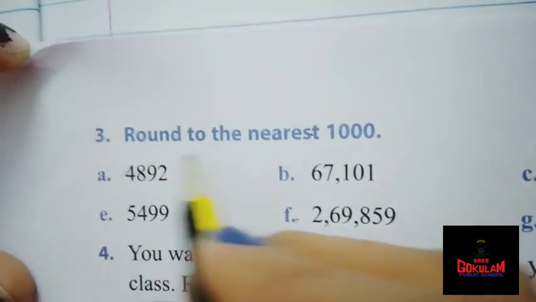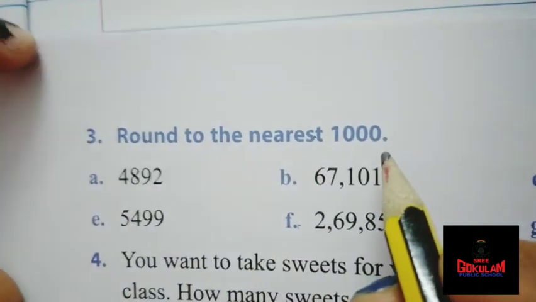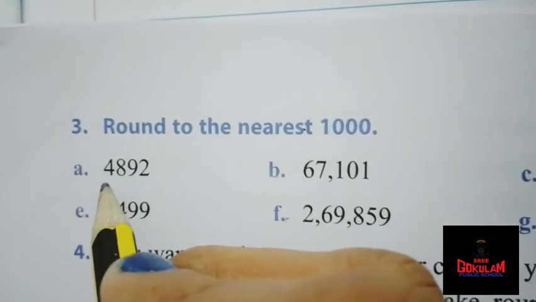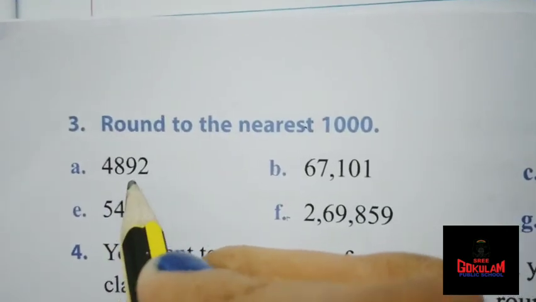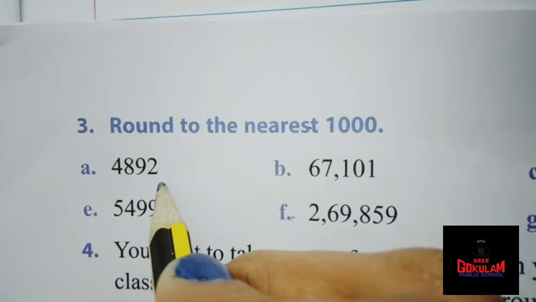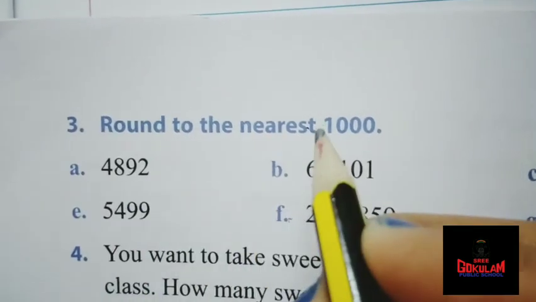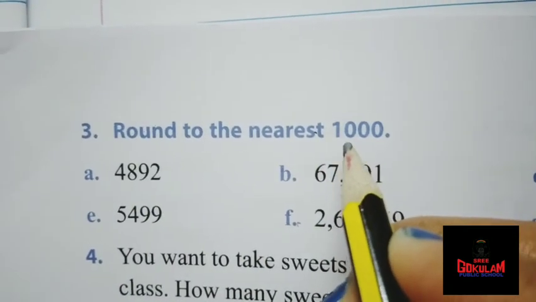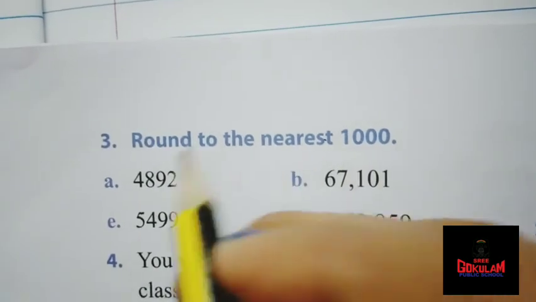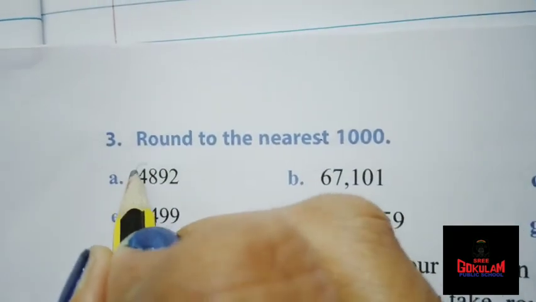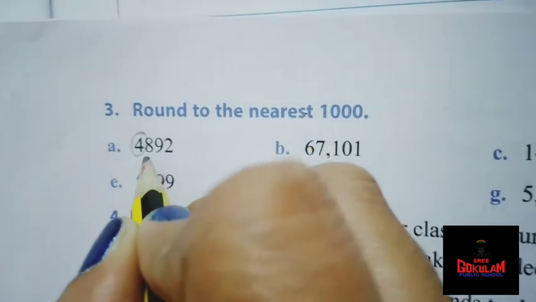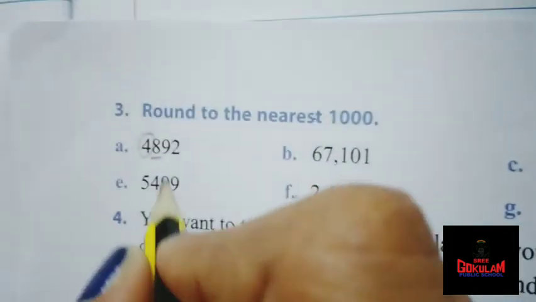Next question, round to the nearest 1000. The first question is 4,892. Since we have to round to the nearest 1000, just circle the thousands place and underline the next place, that is the 100 place.